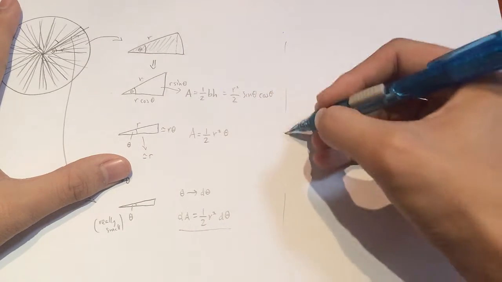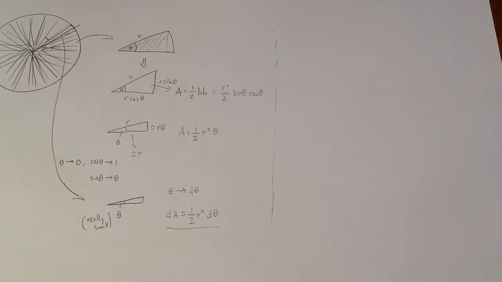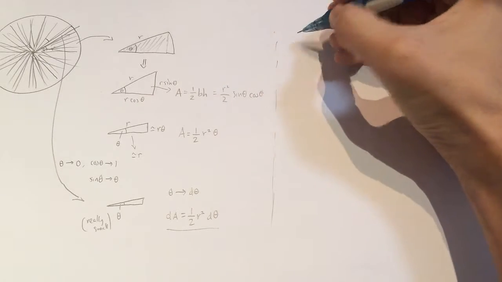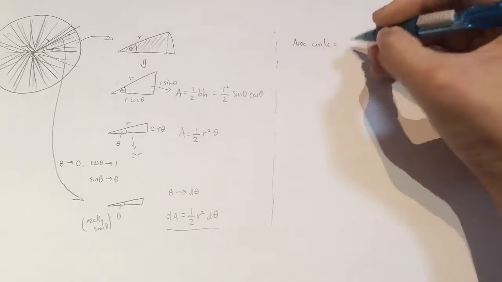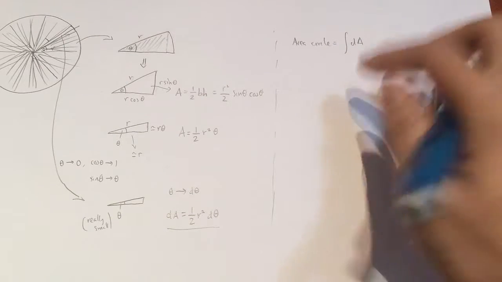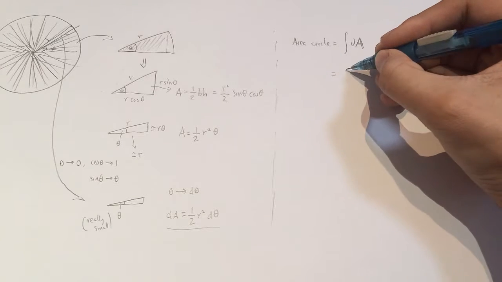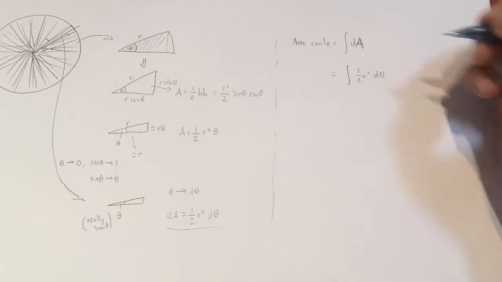Now that we have the area of each individual slice, we can work out the area of the circle. The area of the circle will be the infinite sum of these small pieces, or the integral of each individual small area, dA. That's an A. And that will equal the integral of half r squared d theta.